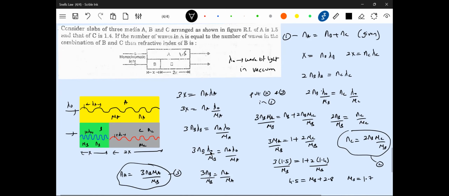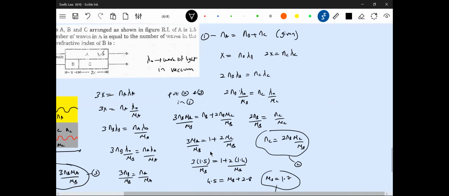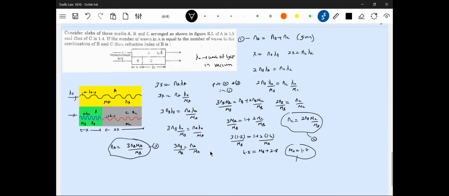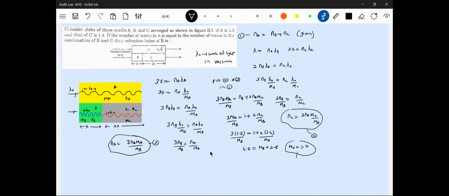Just cross check. So the refractive index of slab B will be 1.7. So this will be our answer.